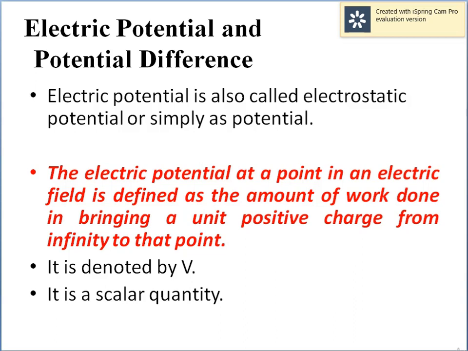The potential of a positively charged body is always positive because the work done on the charged body is positive. Similarly, the potential of a negatively charged body is negative because the work done on that charged body is negative.